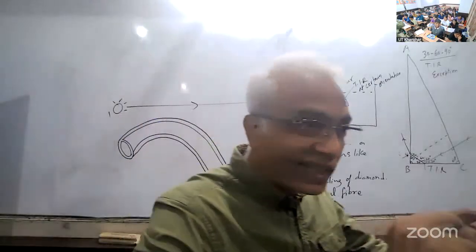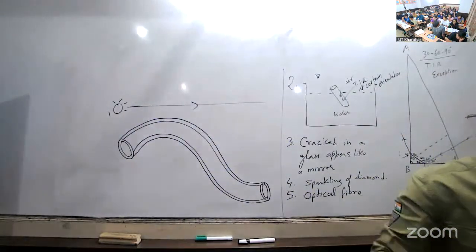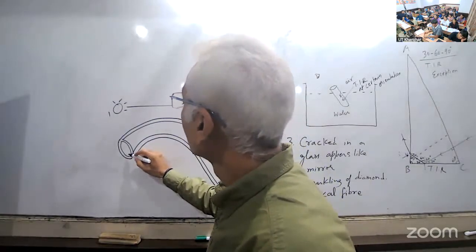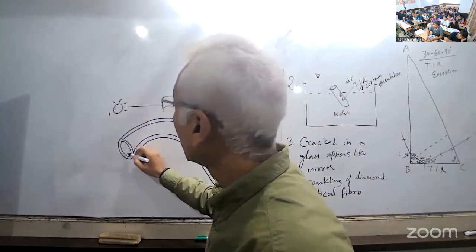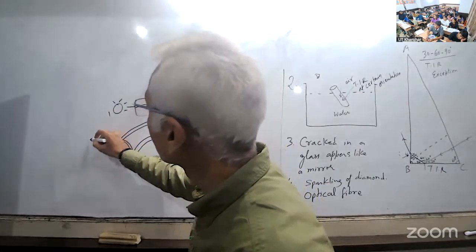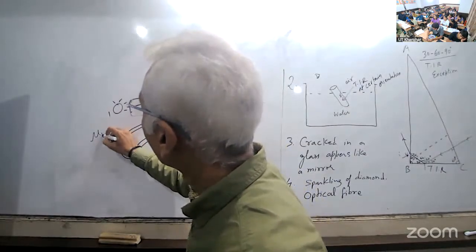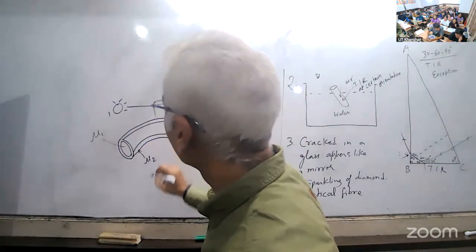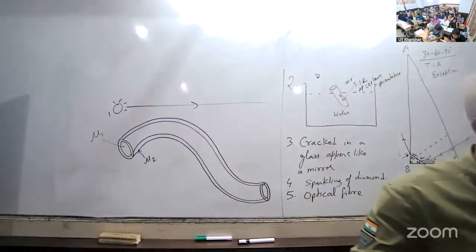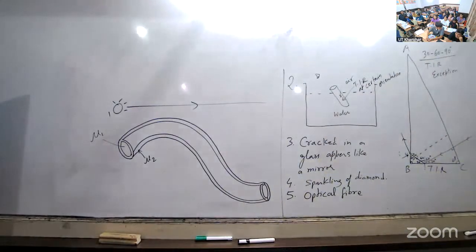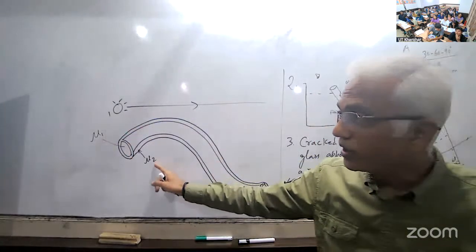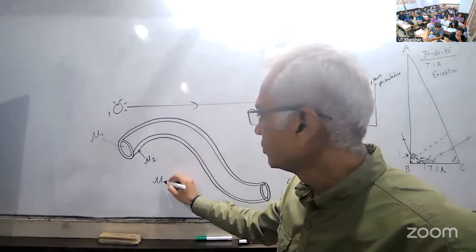The inside material has a high refractive index, and the outside coating has a lower refractive index. This is how the optical fiber is designed. These are basically a combination of two materials: the fiber strand inside and then the coating. The coating has a lower refractive index.